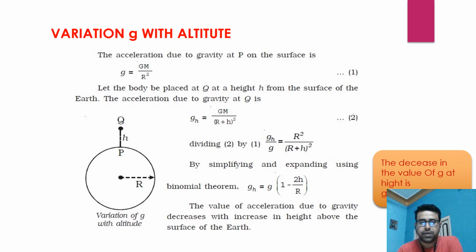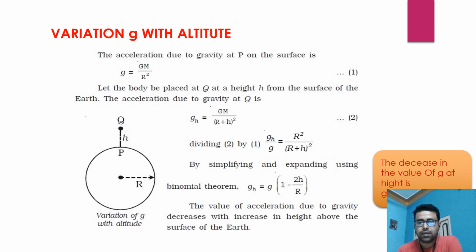Okay, so in this picture you can see that it is the earth, and its radius is R, and at a particular height h, what will be the value of acceleration due to gravity. So g_h, that is acceleration due to gravity at a point Q, is GM divided by (R plus h) whole square.